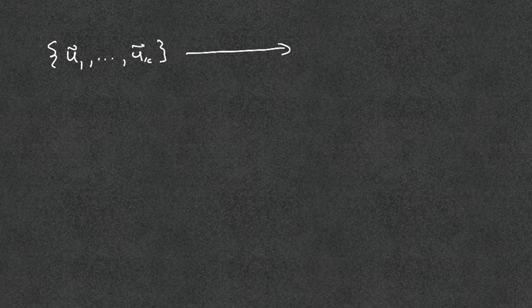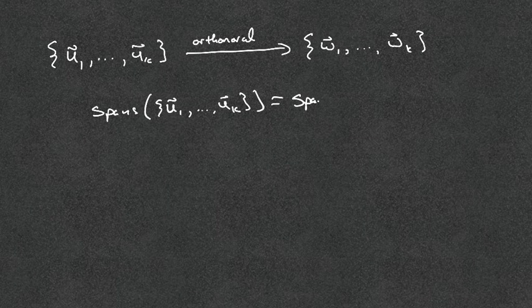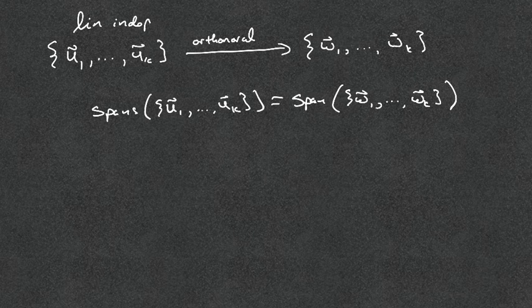So then this process of starting with a set of vectors u1 up to u sub k, and then turning those vectors into an orthonormal set of vectors w1 up to w sub k, such that the spans still match, so our span of u1 up to uk is equal to our span of w1 up to w sub k, is really taking this set of linearly independent vectors and turning them into what's called an orthonormal basis.